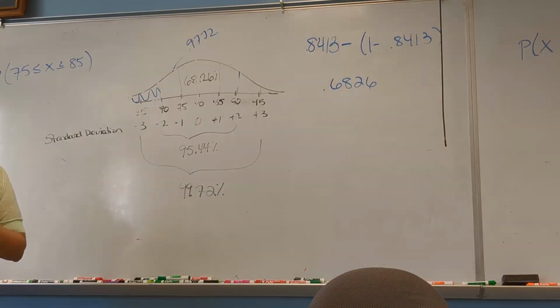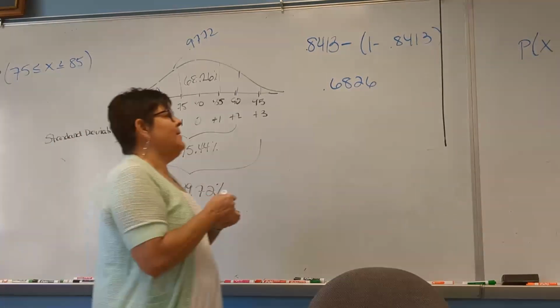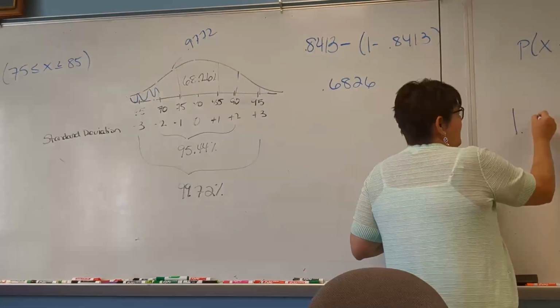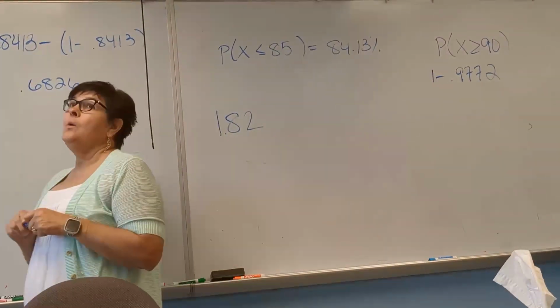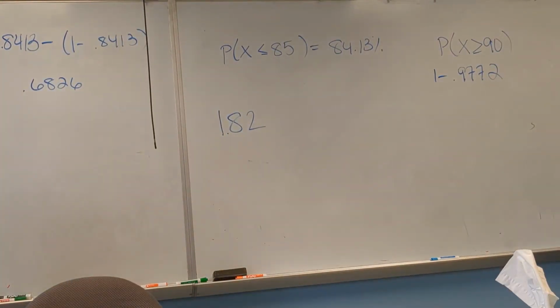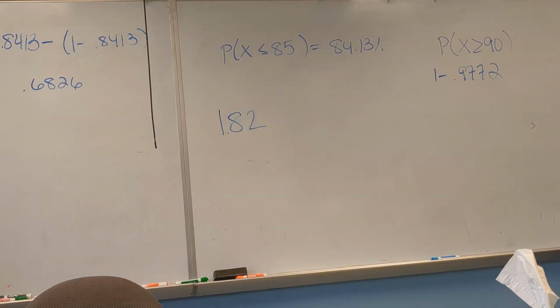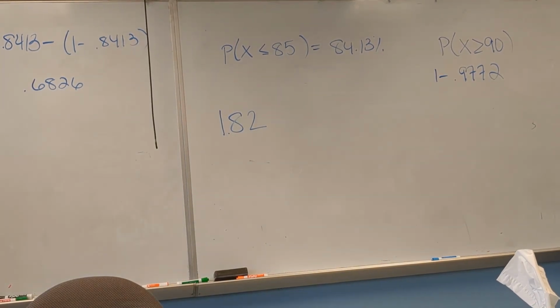How does that look if it's a little different than that? For example, what if I was looking for 1.82? Go on your Z chart, look on the column under the Z, all the way on the left. I want you to go to 1.8, okay? So scroll your finger down to 1.8.